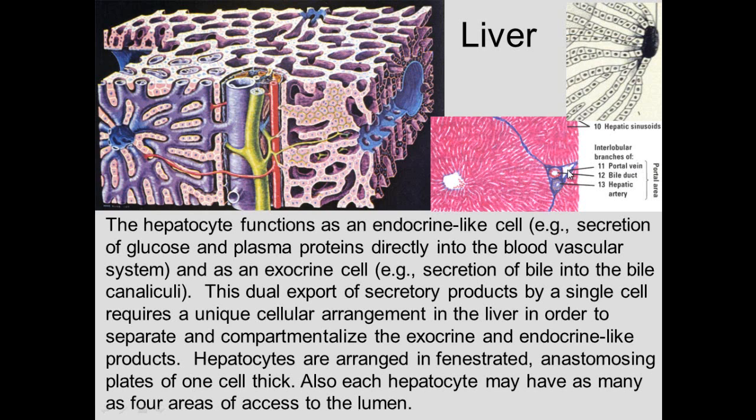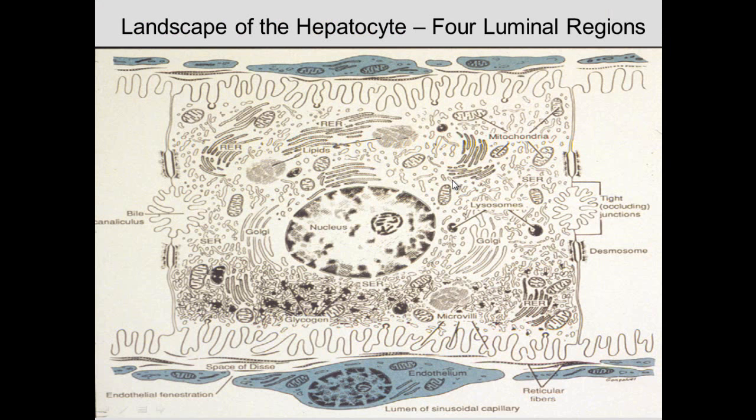This is your hepatic vein coming in from the small intestines. There's a bile duct, and there's the hepatic artery bringing oxygenated blood in through here. So the blood comes from here, percolates down through there by these hepatocytes, and then finally out through the central vein.